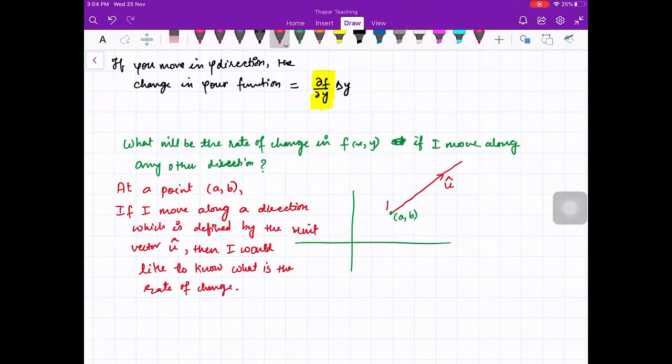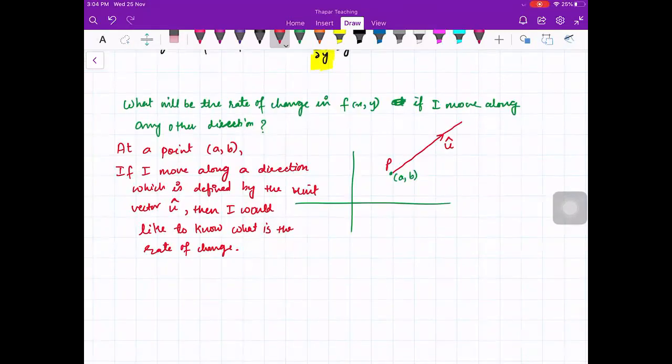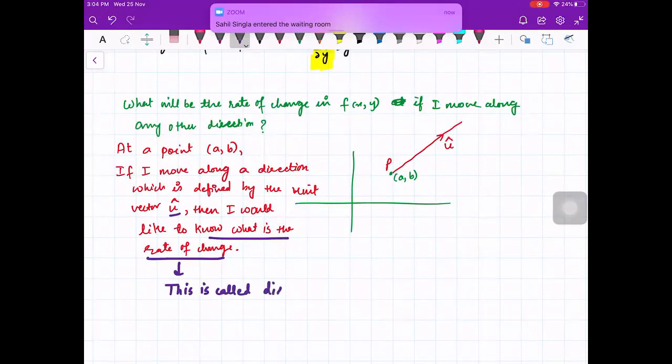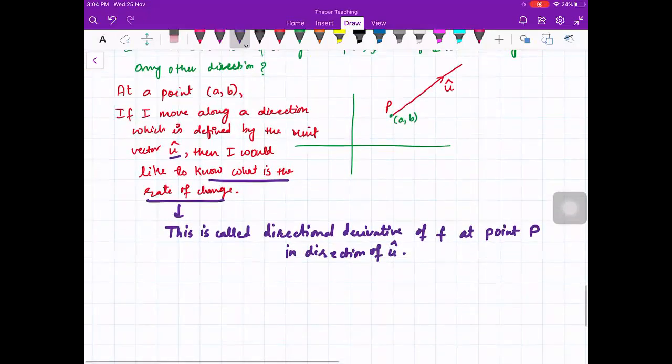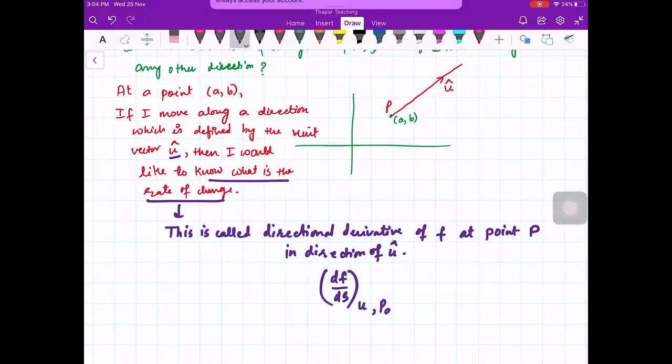Okay, so suppose this point is P. This rate of change when you move along the direction u cap is called the directional derivative of f at point P in the direction of u cap, and we write it as df/ds at the point P naught along the vector u.